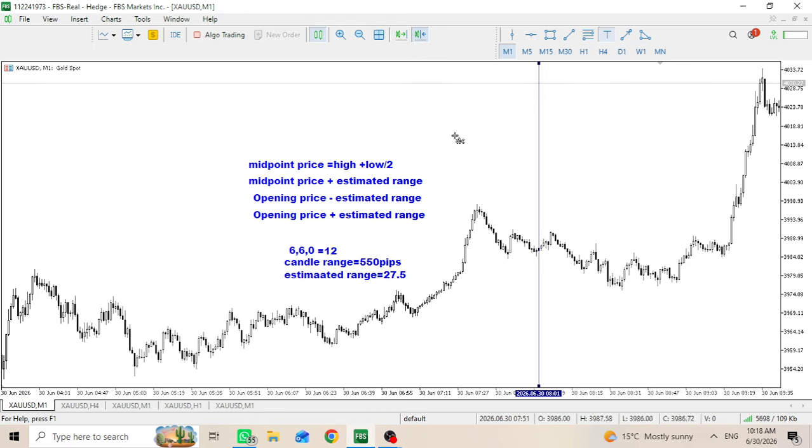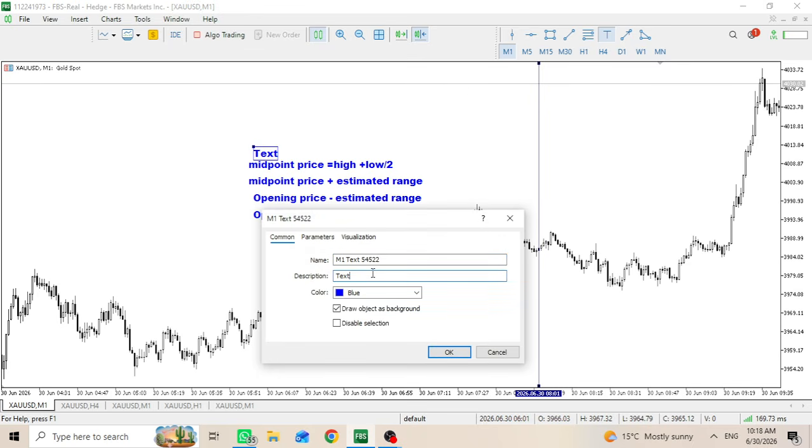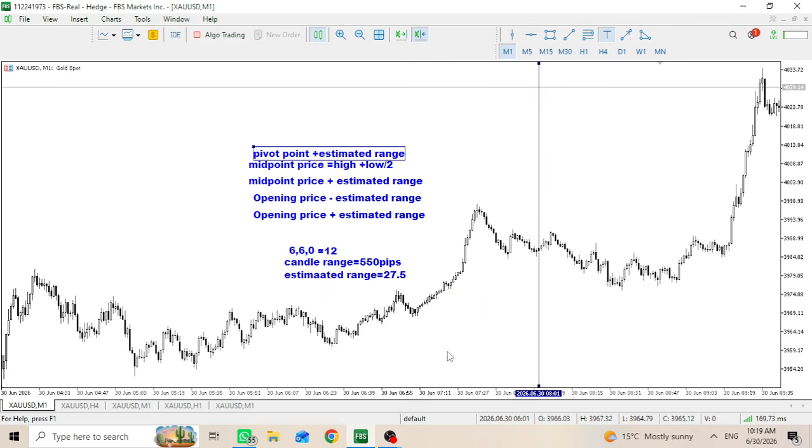Or you can do the mid pivot point. You can use pivot point plus estimated range. How do you get pivot point?